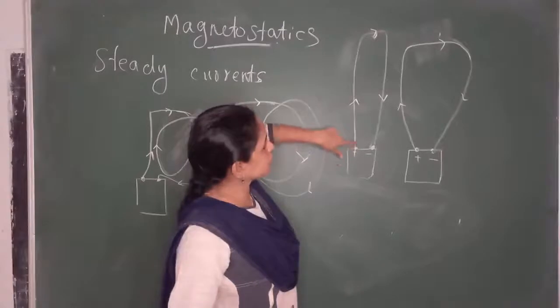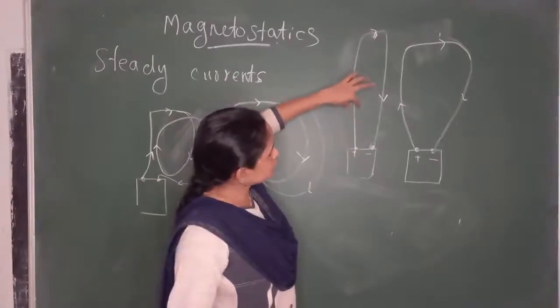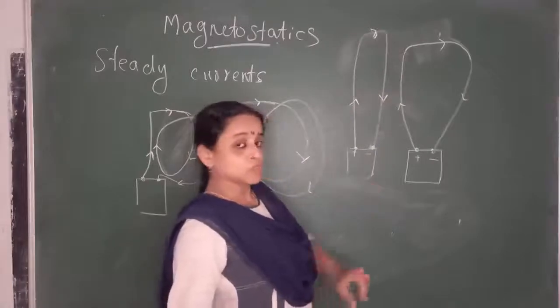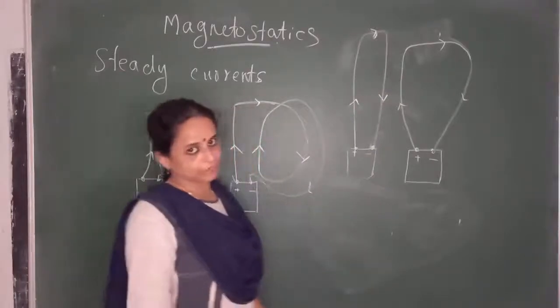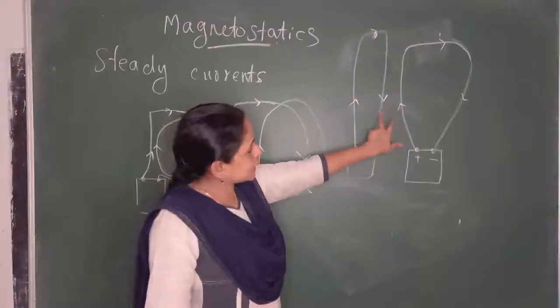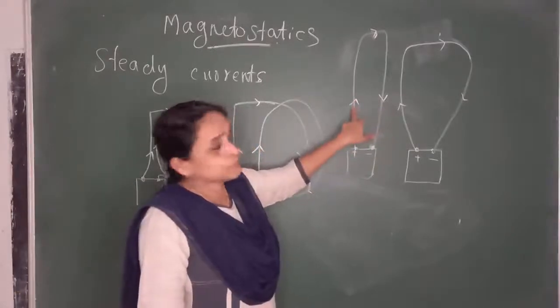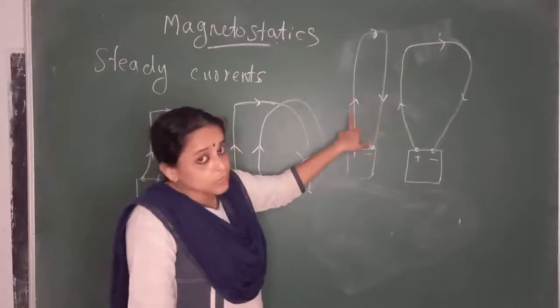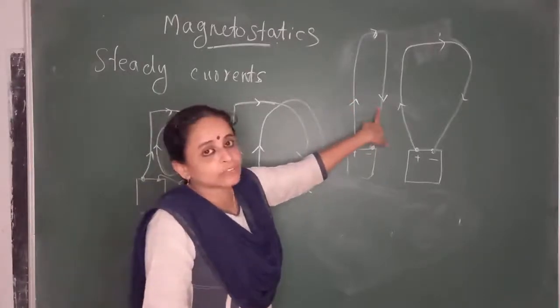So due to this wire there is a magnetic field. What is the direction of that magnetic field? If this second wire is placed in the magnetic field of the first wire, the first wire is also placed in the magnetic field of the second wire.